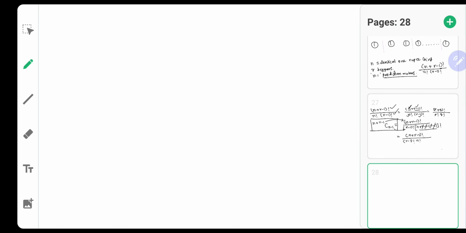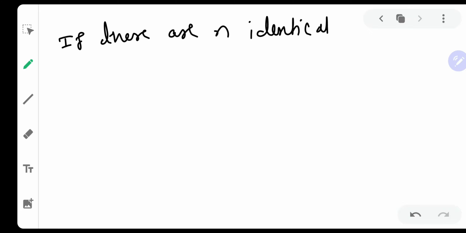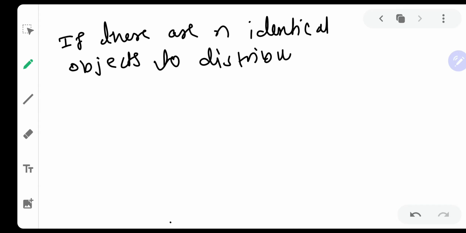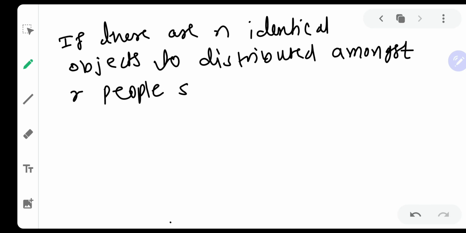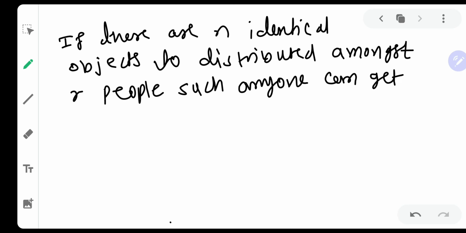So what do we have? If there are N identical objects to be distributed amongst R people such that anyone can get any number of objects.